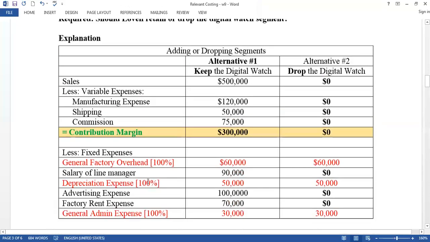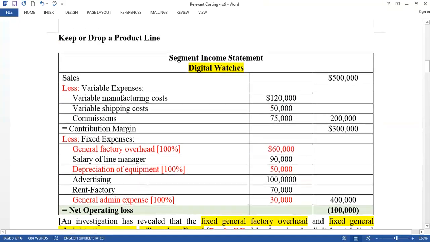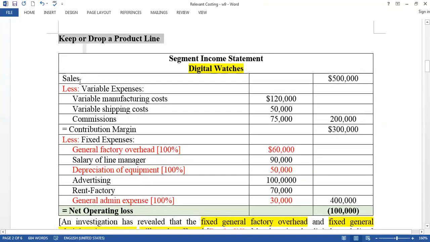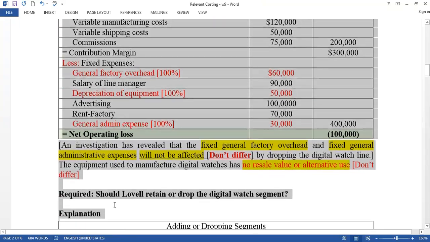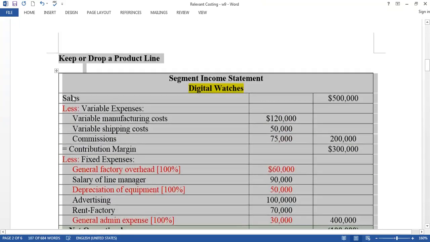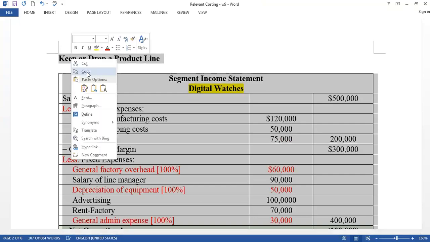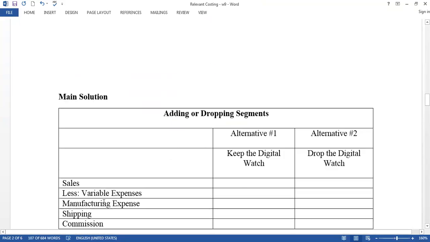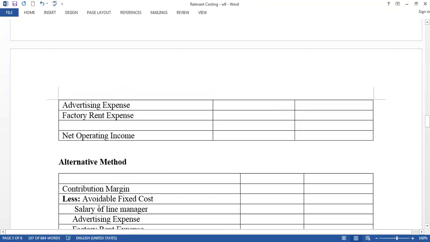Okay. Now you can see that I can change the same question. I can prepare a same question for you. You copy the main question.